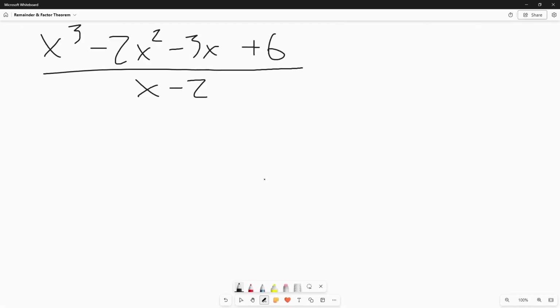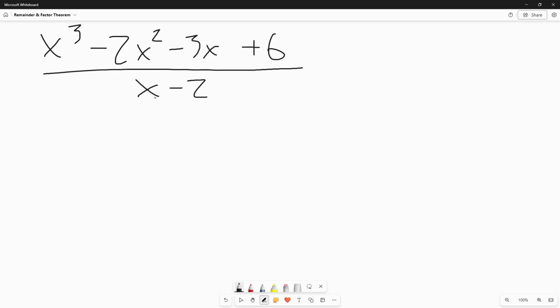And for this, x minus 2 is a factor of x cubed minus 2x squared minus 3x plus 6. You can check it yourself doing long division or synthetic division, but x minus 2 is a factor. And if we apply the remainder theorem, you might think it won't work because the remainder should be 0.